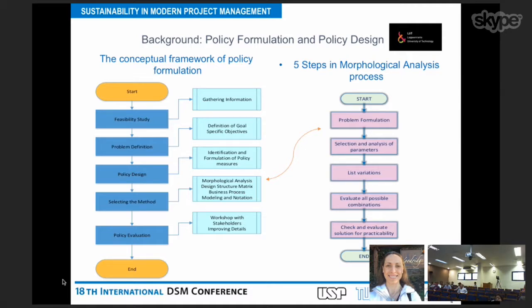But as researchers in policy design, we really have to select the method that best fits our goals and objectives in order to reach the environmental goals and targets.